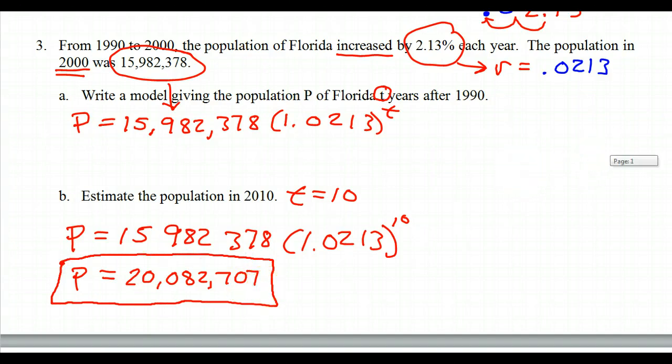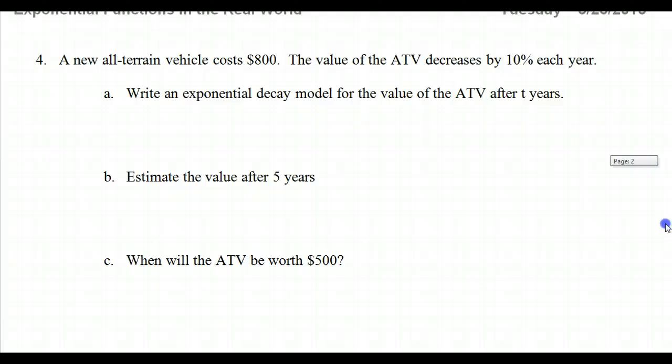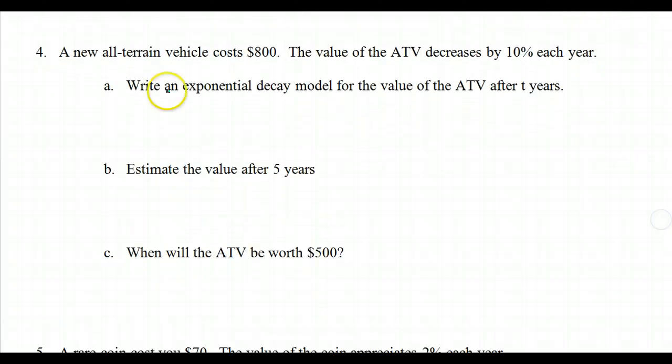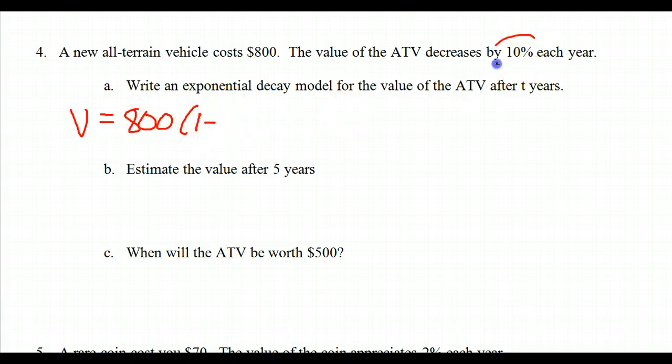Okay, let's see what else we have in this lesson. A couple more examples. All right, looking at number 4, an all-terrain vehicle costs $800. The value of the vehicle decreases by 10% each year. Write a decay model. So, the value should equal the initial value times 1 minus that rate. All right, 10%.